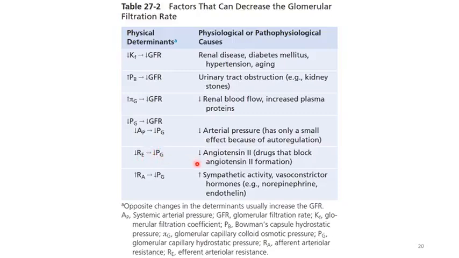We have talked about this effect previously. Or any factor that increases the resistance of the afferent arteriole can reduce hydrostatic pressure. Also, we have talked about it. For example, sympathetic activity and vasoconstriction of the afferent by some hormones such as endothelin, norepinephrine, and any other vasoconstrictors can reduce hydrostatic pressure and finally reduce GFR.